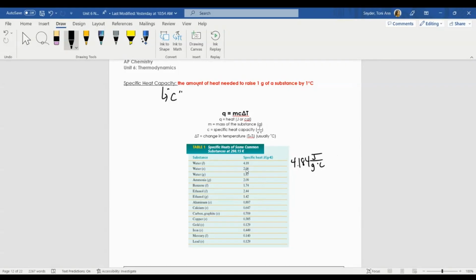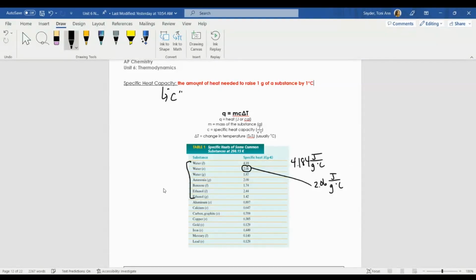Let's look at ice right here. For ice, we have to input 2.06 joules of energy to raise 1 gram of ice by 1 degree Celsius. So a little bit less energy for ice cubes.